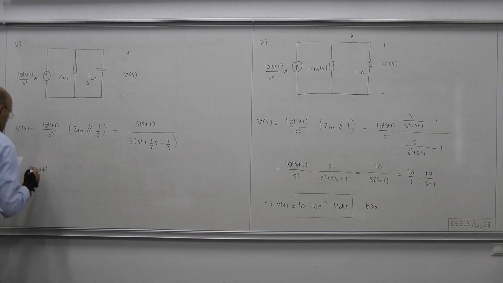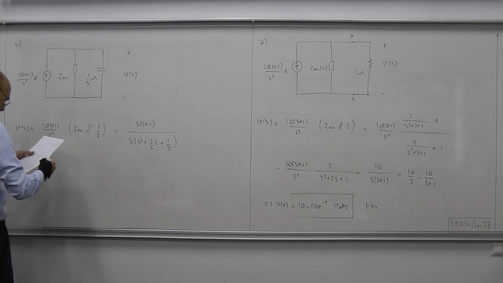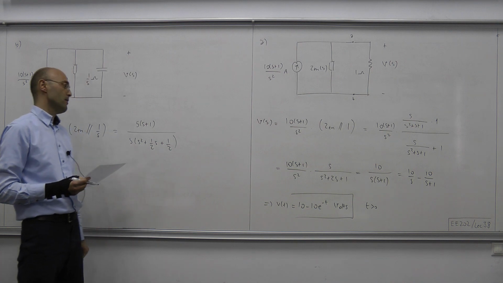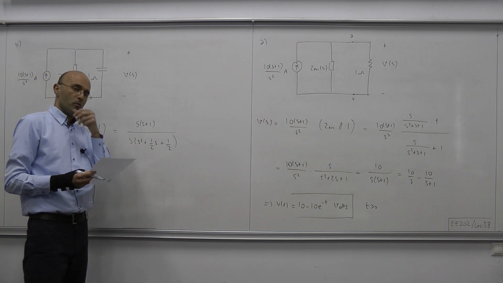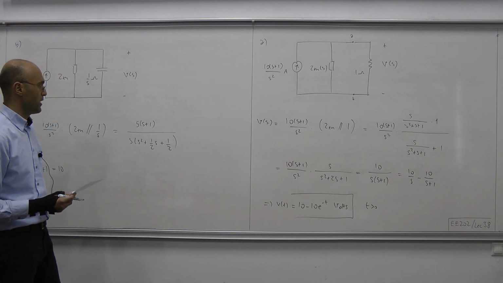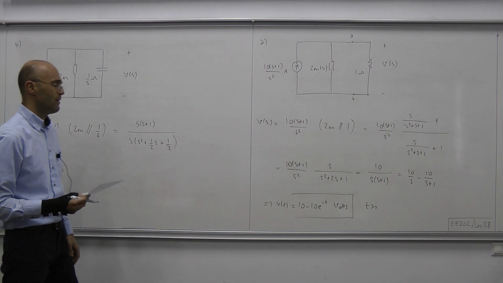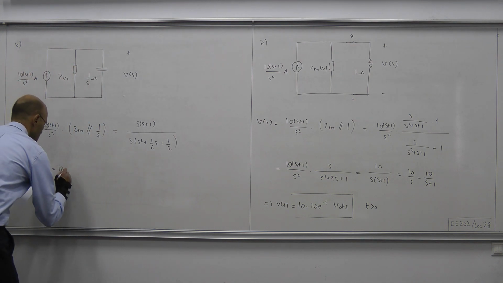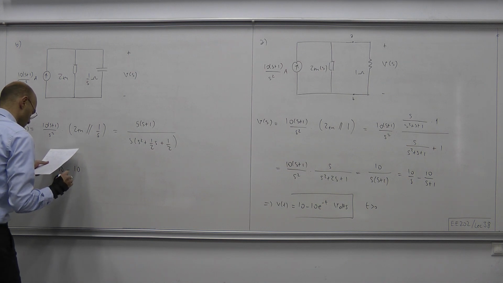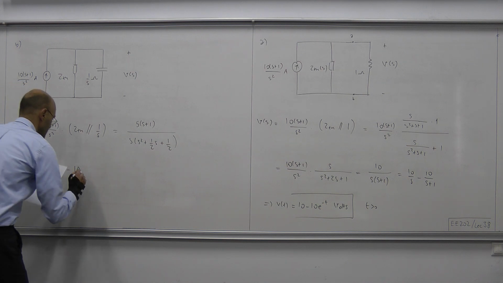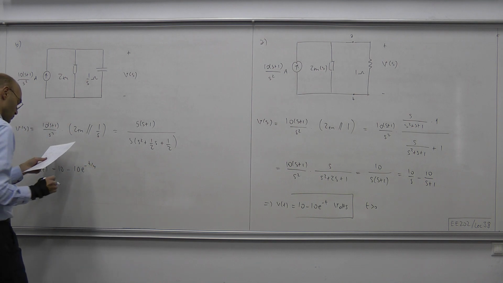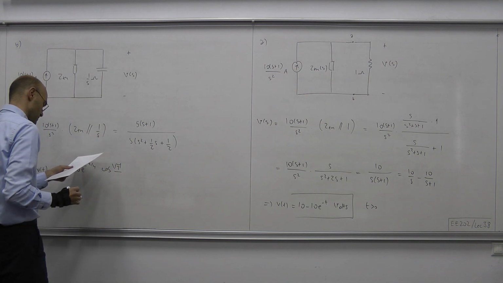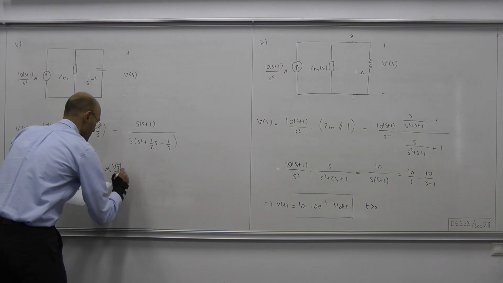V of t, the voltage, inverse Laplace transform of V of s, produces the following. We have a constant term due to this s in the denominator, and it turns out that the second order polynomial has a complex conjugate pair of roots. Therefore, we will have some oscillatory but decaying terms, and those terms turn out to be this pair: 10 e to the minus t over 4 cosine omega t, where omega turns out to be square root of 7 over 4 t.